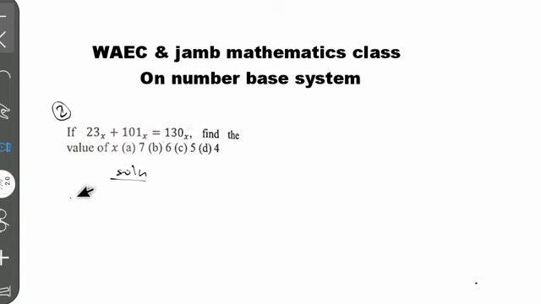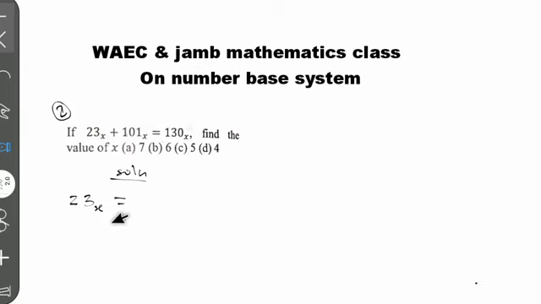So the first one here is 23 in base S. Let's convert it to base 10. I told you in the previous class that when converting from another base to base 10, you use a very easy method we call the expansion method. How does the expansion method work? If you attended the first class, you should know this is quite simple. If this is your first time joining the class, you can still learn it.